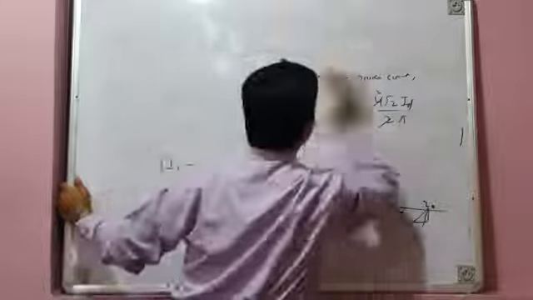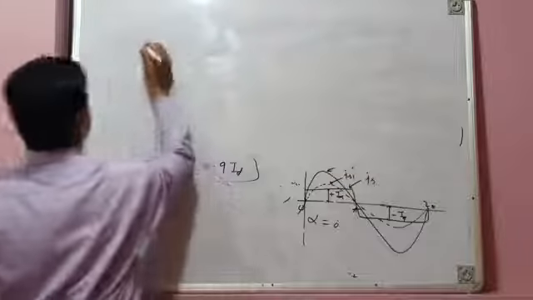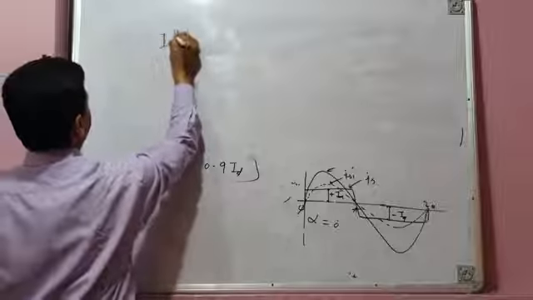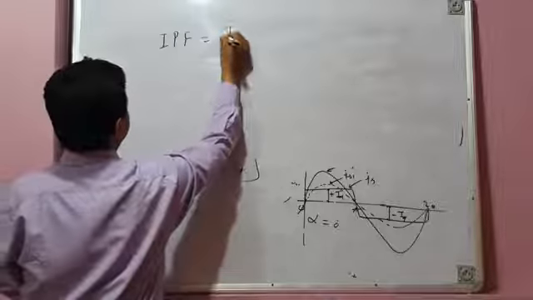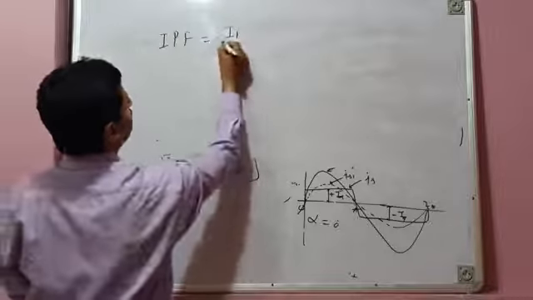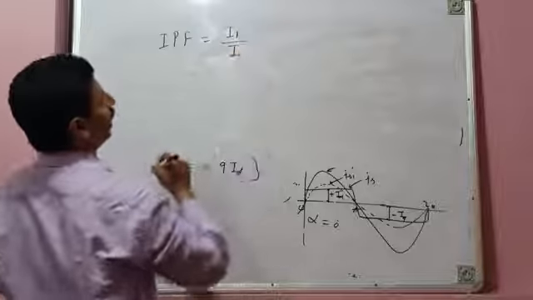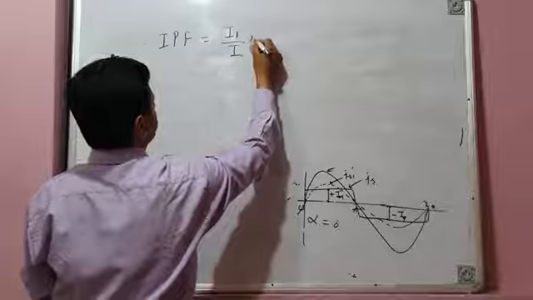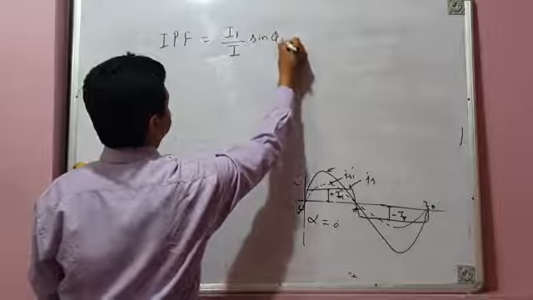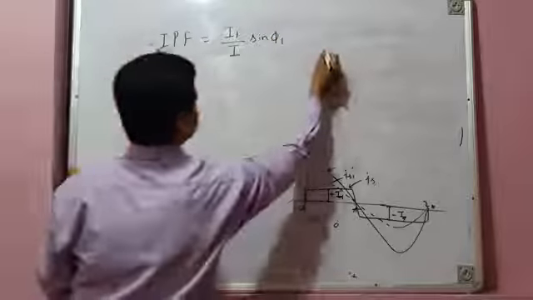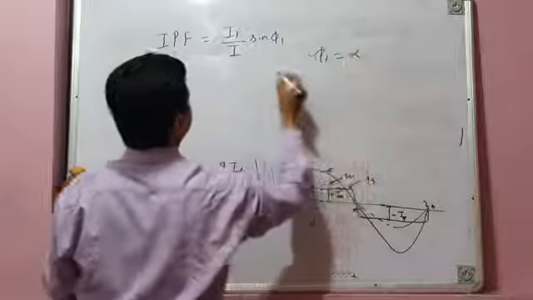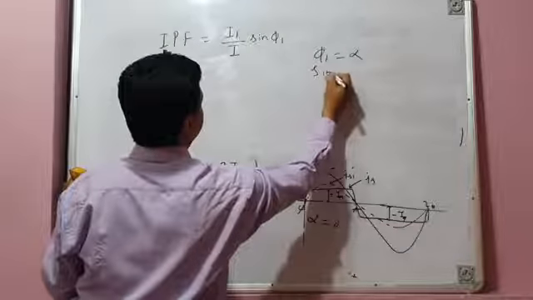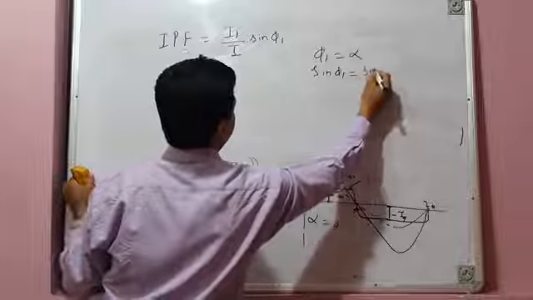So what is my input power factor? You already know its expression: the RMS value of the fundamental component of the source current divided by the actual RMS value of the source current, into sine phi 1. Since phi 1 is equal to alpha, sine phi 1 will be sine alpha.